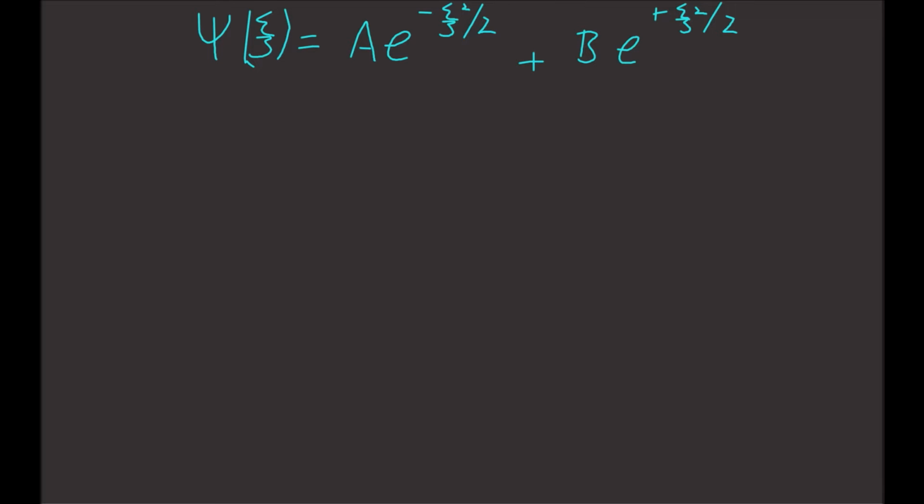But at very large squiggly, as we assume, this is the solution at very large squiggly, right? This term, the b term, blows up, which is to say it's not normalizable. So the wave function psi is actually equal to some variable here, we don't know what it is, times the exponential term, e to the minus squiggly squared over 2.